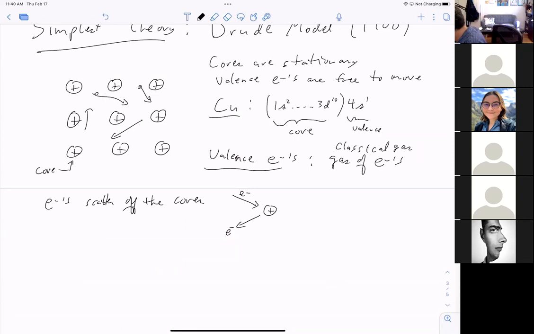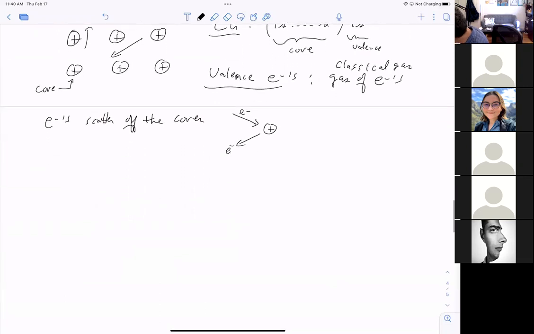And so this model works very well. I'm not going to go into it too much because we're not going to focus on the Drude model that much. It is useful for a lot of things, high frequency especially, but I'm not going to get into it too much now. We'll maybe do a little bit of it later in the course.